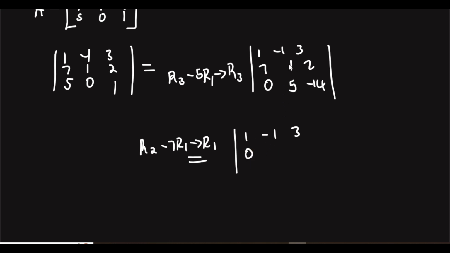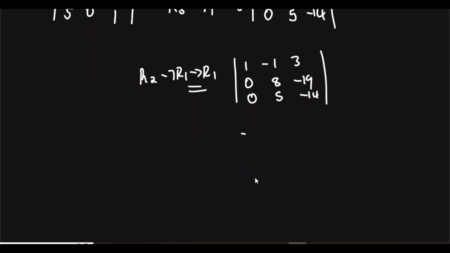And then here we'll have 7 minus negative 7. So now we are going to get 1 plus 7, which is 8. Now 2 minus 21, negative 19. Here we still have 0, 5 and negative 14. Alright, so let's continue now.